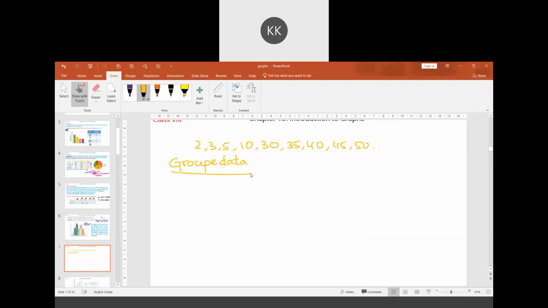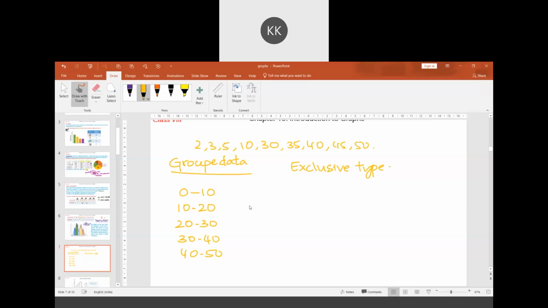One of the easiest methods is we choose 0 to 10, 10 to 20, 20 to 30, 30 to 40, 40 to 50. This type of grouped data is called the exclusive type.